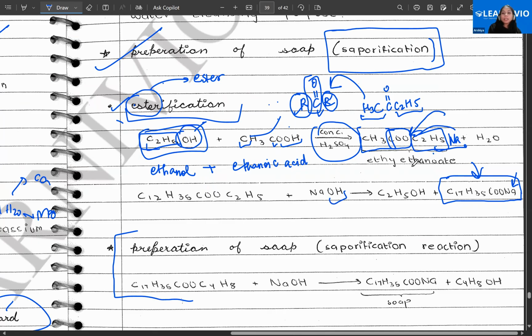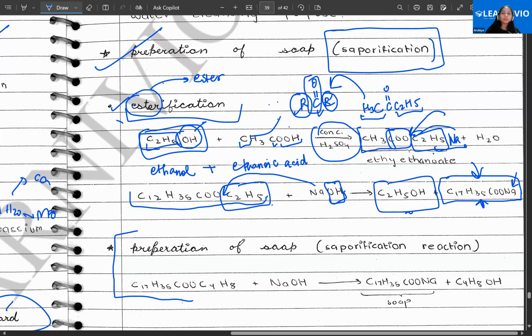So this is the same product, C12H35 COOC2H5. Now we add sodium hydroxide, NaOH, and the Na will attach here, which is what we need. The C2H5 will get separated and we have OH left, so C2H5OH will separate out as a different product. So we have ethanol here.